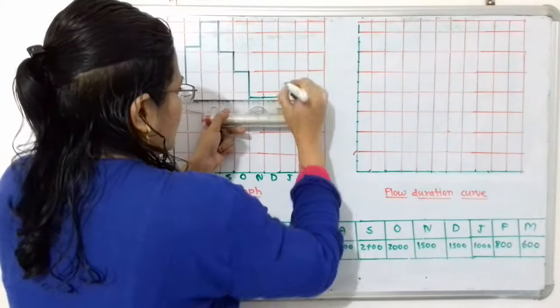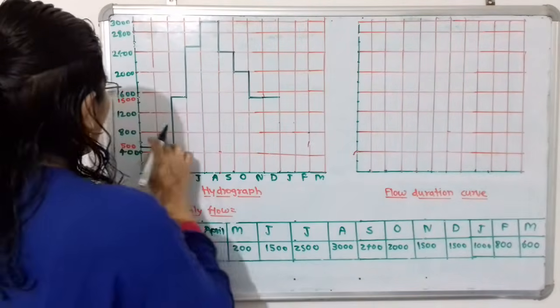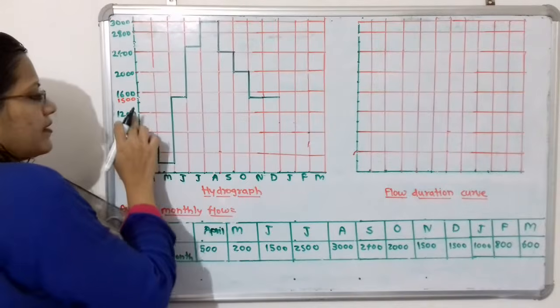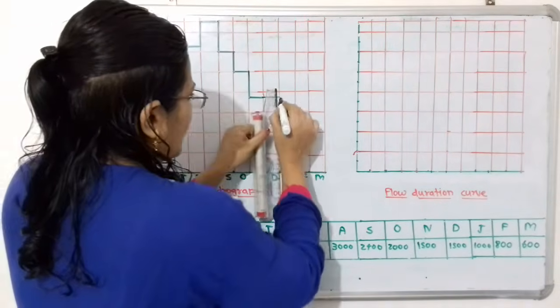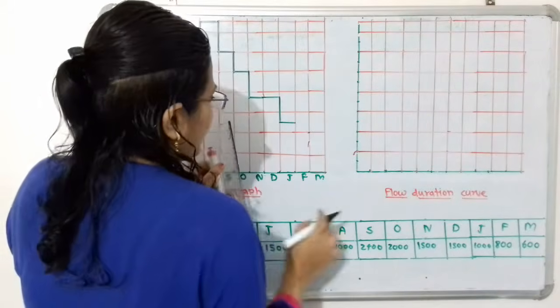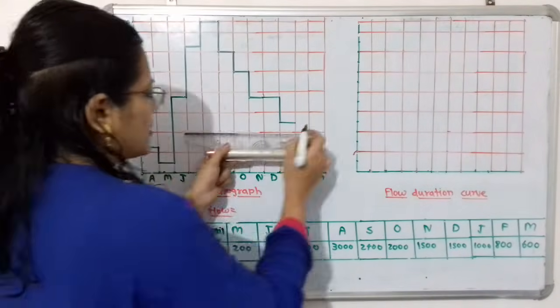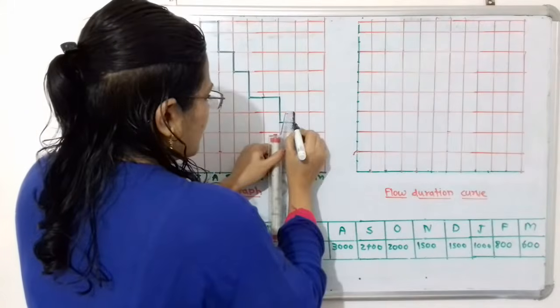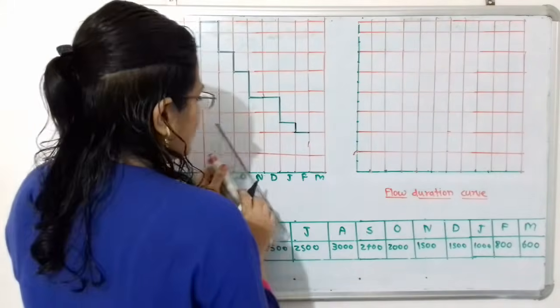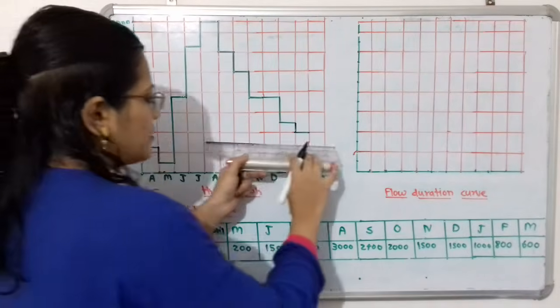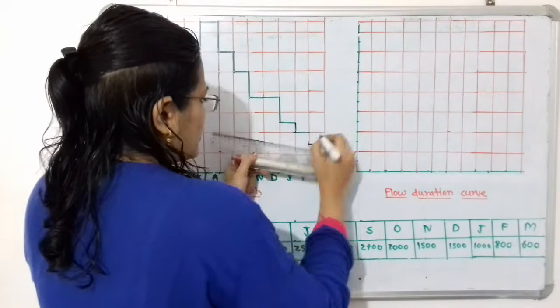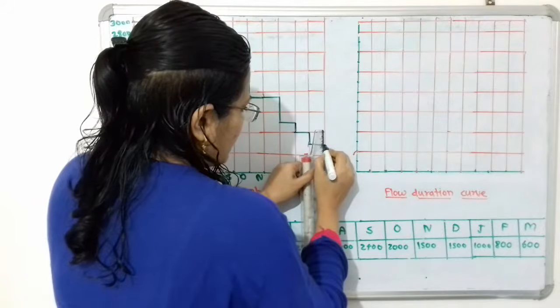So we will draw here 1500. Then there is 1000. So in between 800 and 1200 there is 1000. So we will draw here one line. Then 800. So 800 is here. Then 600. So last one is 600, that is in between 400 and 800. So this is the last one.